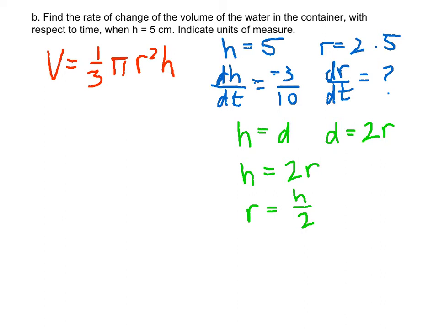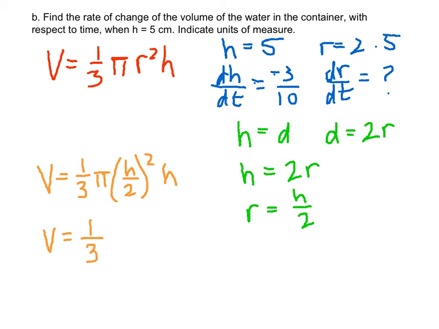You can now use this to substitute into the volume equation. You get V equals 1/3 pi (h over 2) squared h. Now we're going to simplify a little bit before we put in the rest of our variables.